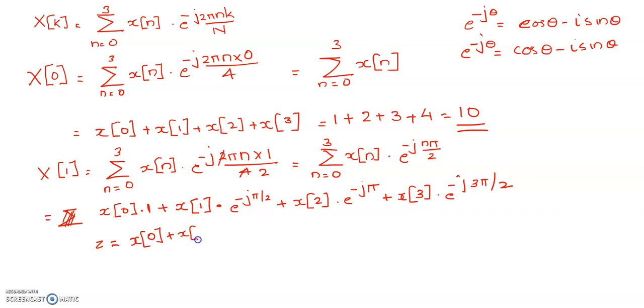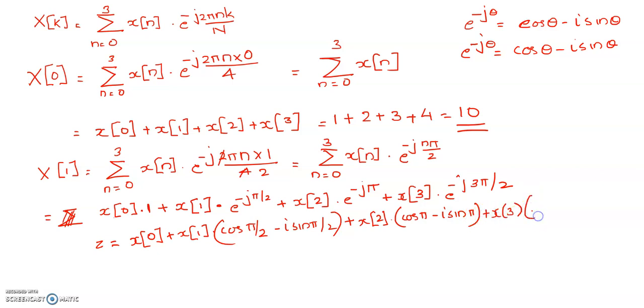This becomes x of 1 into cos pi by 2 minus j sin pi by 2 while it is in the bracket, plus x of 2 into cos pi minus j sin pi, plus x of 3 into cos 3 pi by 2 minus j sin 3 pi by 2. I hope this expansion is clear.